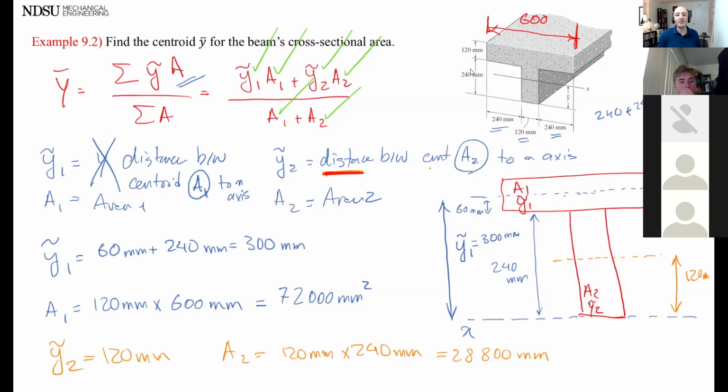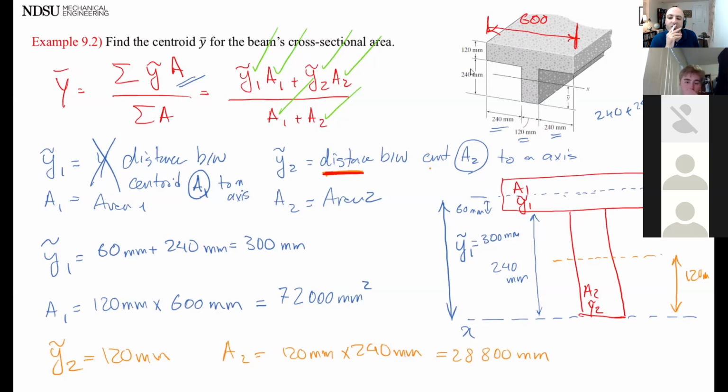So how come the location of x-axis doesn't matter? The problem is exactly asking that. It's asking y bar, which is the distance between the centroid and x-axis.